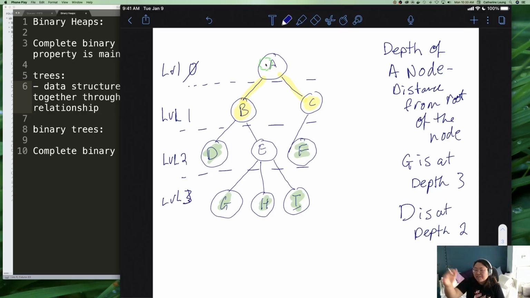So what's really important is how deep in the tree you are, how far down you have to go. Now, this terminology is often confused with another one called height. Height refers to how many nodes there are from the root to the farthest away leaf.